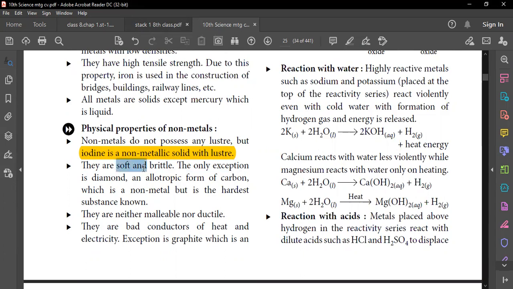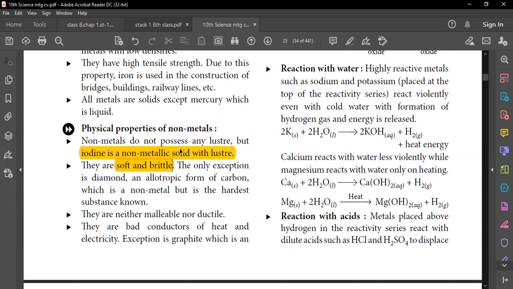Generally, non-metals are soft and brittle in nature. What is the meaning of brittle? Sir, the ability to break easily. If you hit that substance, it will break into small pieces. Suppose glass is there. Is it of brittle nature or not? If you throw down the glass, what will happen?